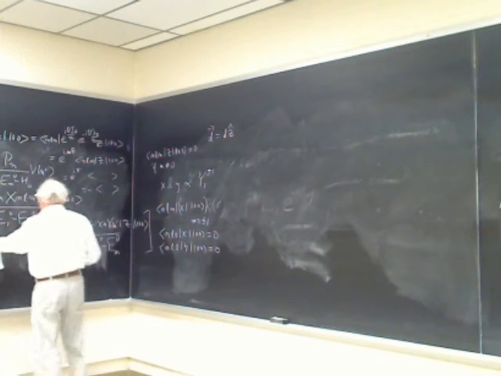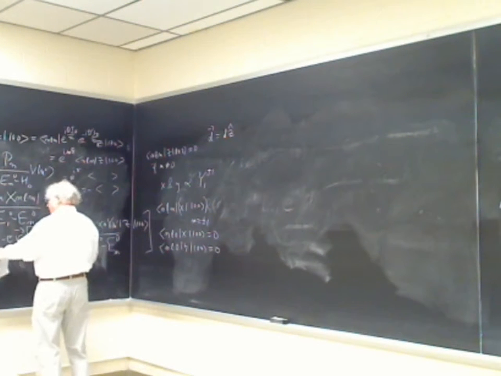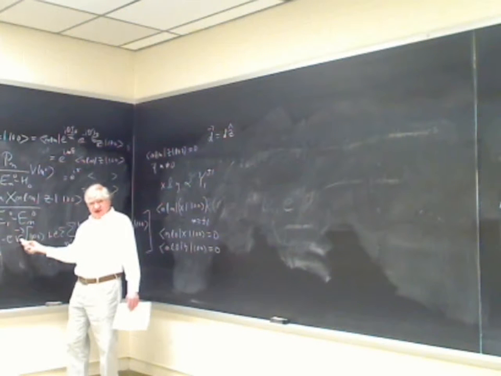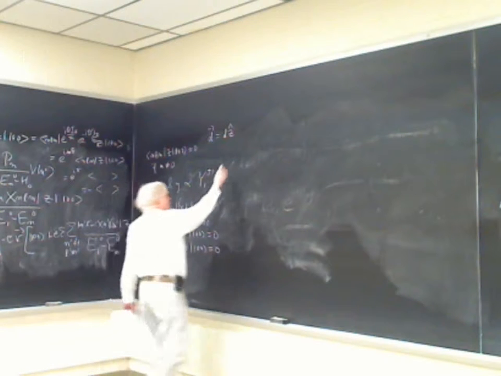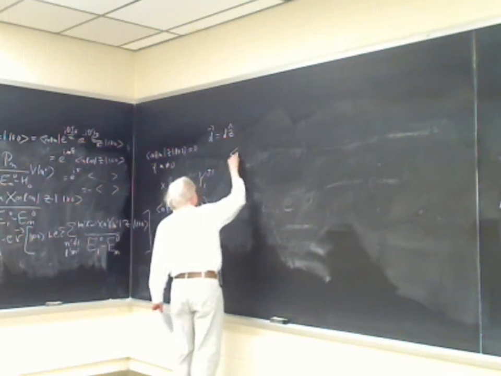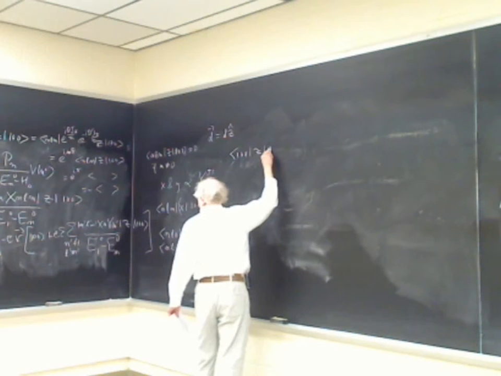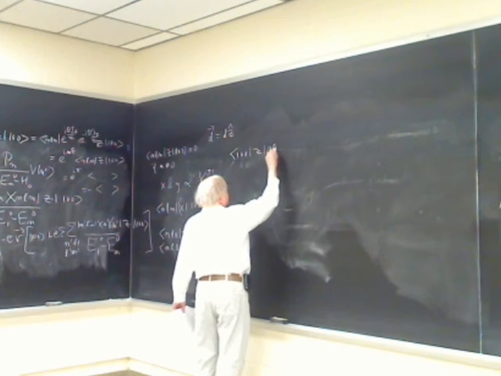So then if m has to be 0, the x and y are going to vanish. Okay? So in other words, maybe I should do this more slowly. What we have here is <100| z |nlm>.